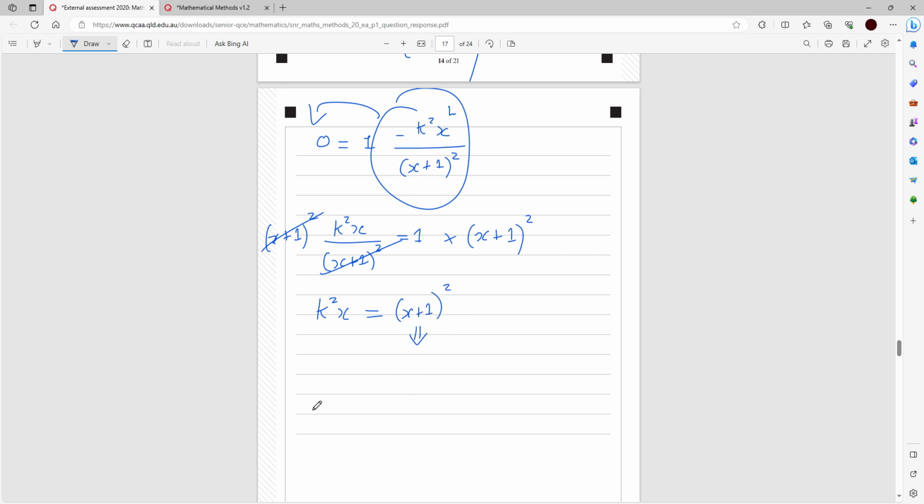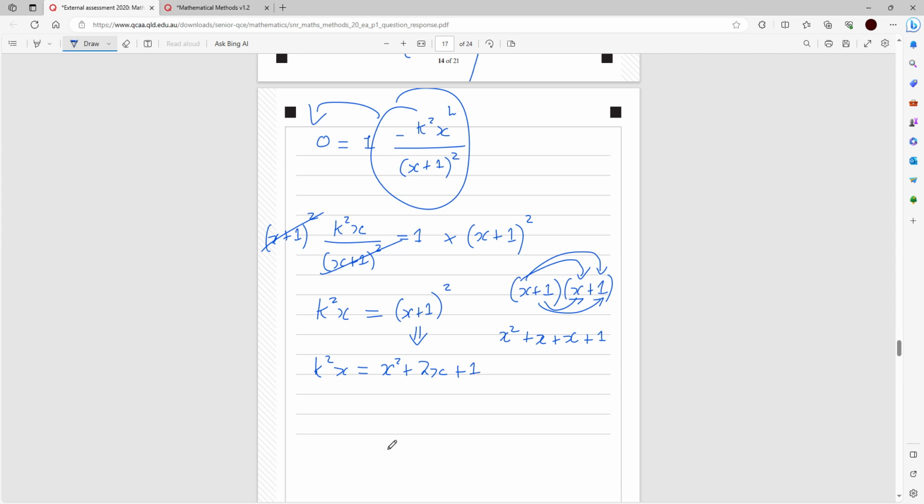And now I'm going to expand this because I want it in quadratic form. So I'll get x plus 1 times x plus 1. So this multiplied by this, and this, and this, and this. x times x is x squared, x times 1 is x, and then 1 times x is x, and 1 times 1 is 1. So I'm going to get x squared plus 2x plus 1.